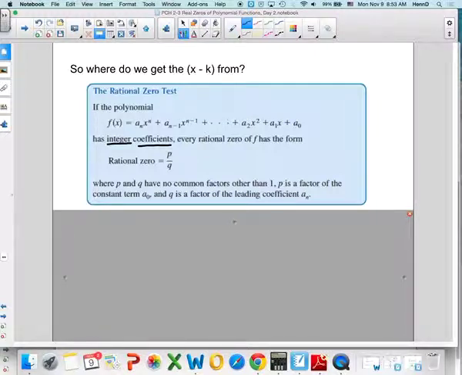Every rational zero of f has the form p over q, where p and q have no common factors other than 1. P is a factor of the constant term, and q is a factor of the leading coefficient. This is our rational zero test, or rational root theorem.